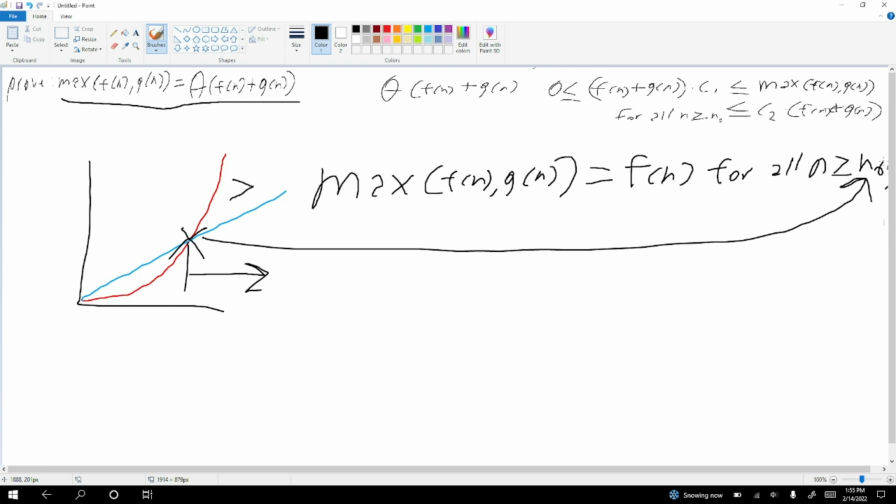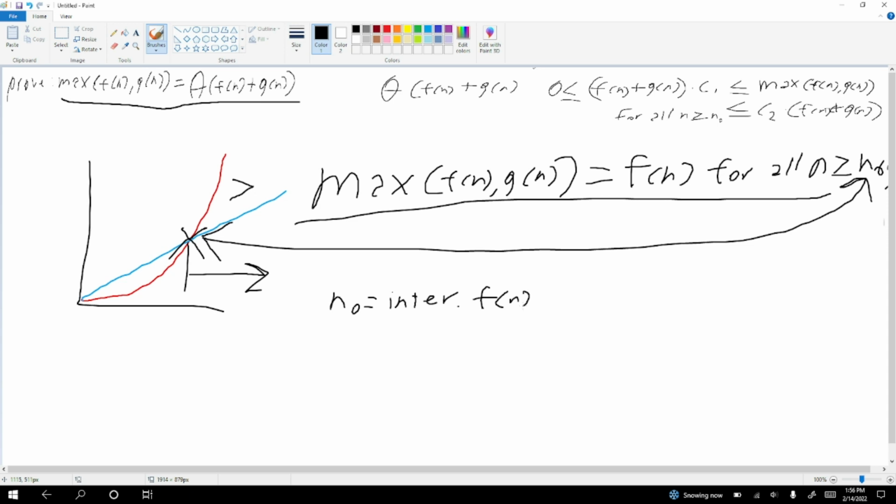That's a valid n0. So if we choose n0 right there, then we know that this is true, which is really useful for us. So let's make n0 equal to the intersection of f of n and g of n.